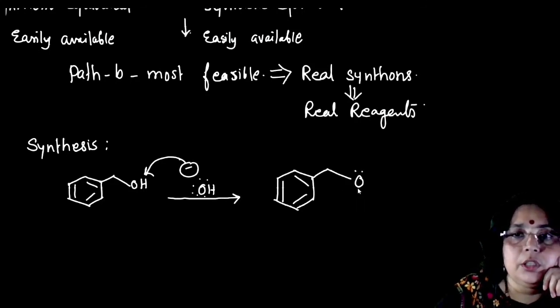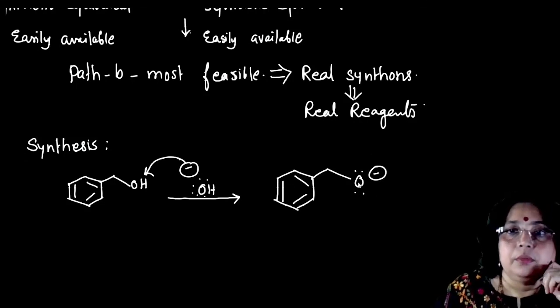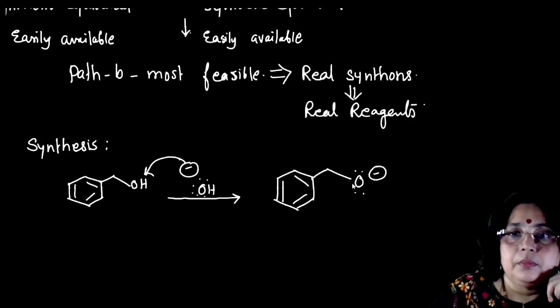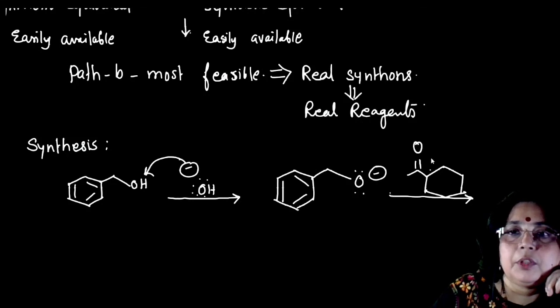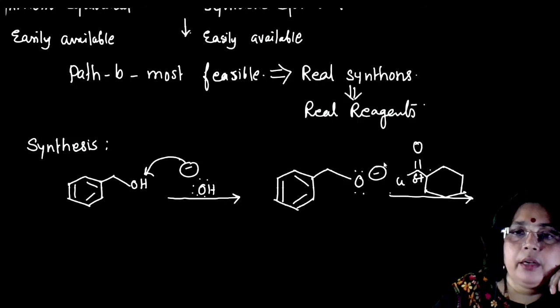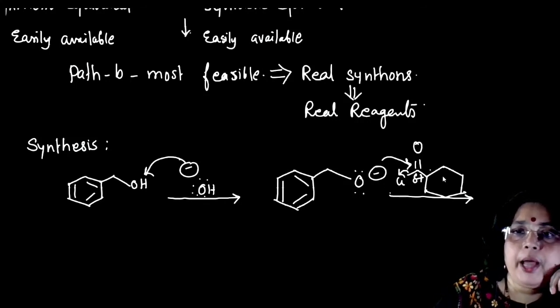All right, so this is a negatively charged molecule, and as we know that this is always a delta plus, the moment it approaches over here, the Cl group acts as a good leaving group.